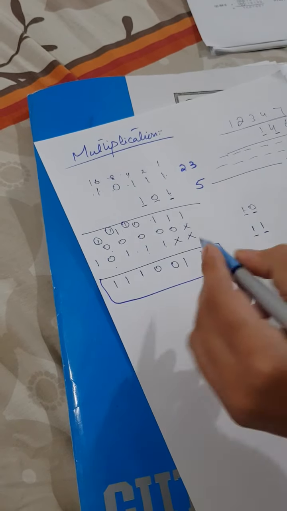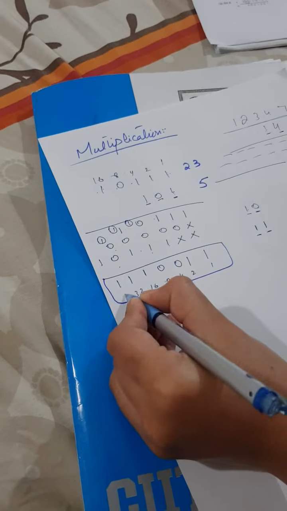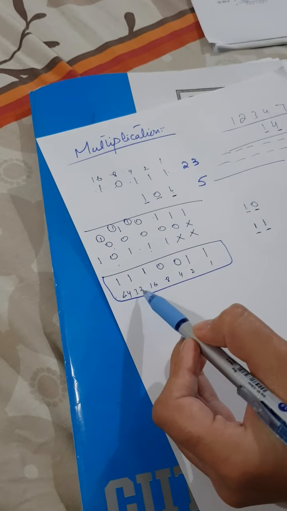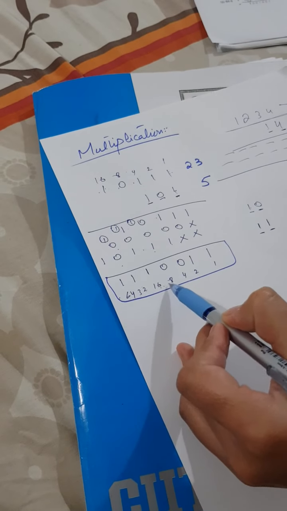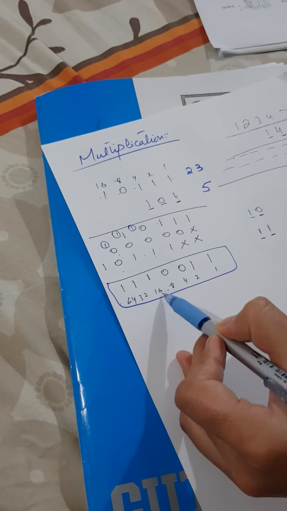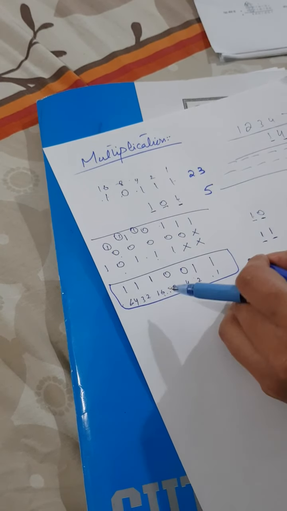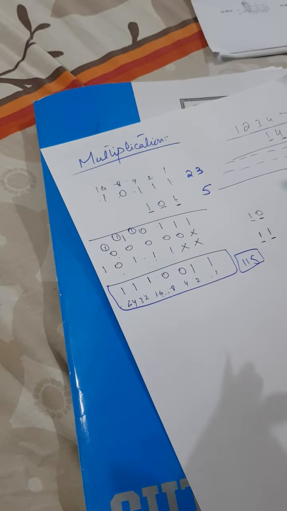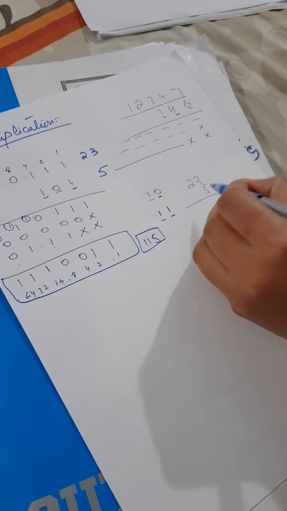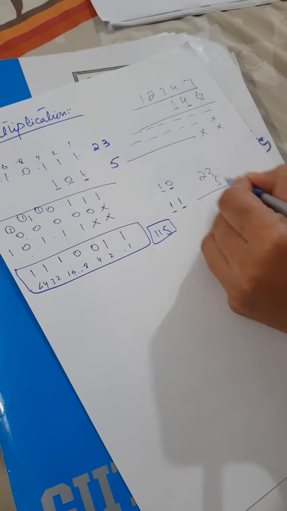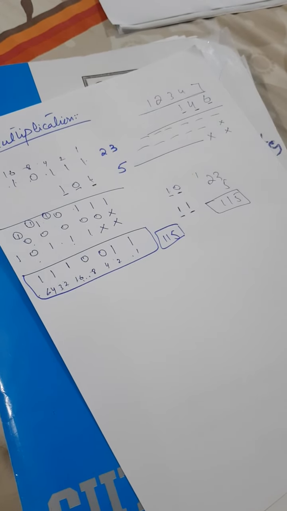What's the value here? 1, 2, 4, 8, 16, 32, 64. 60, 70, 80, 90, 100, 110, 115. So this number is 115. So is 23 multiplied by 5 equal to 115? 5 3s are 15. 5 2s are 10, plus 1 is 11. So your multiplication is correct.